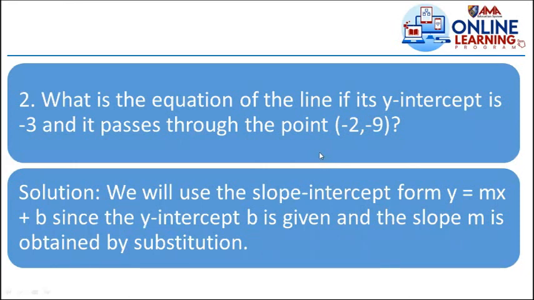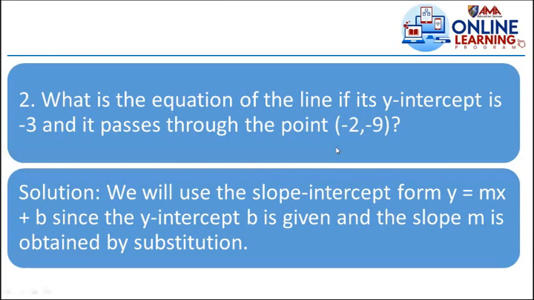What is the equation of the line if its y-intercept is negative 3 and it passes through the point (-2, -9)? Okay? So by this time, merong given na y-intercept which is negative 3. And also, meron kayong given na coordinates (-2, -9). So this is our solution.